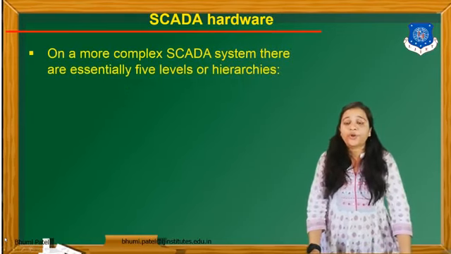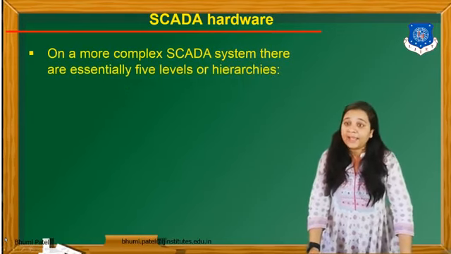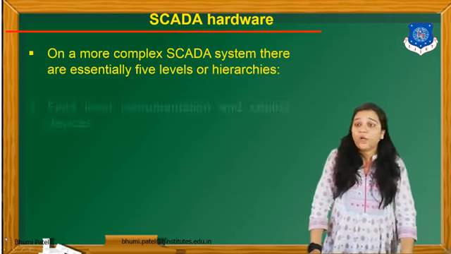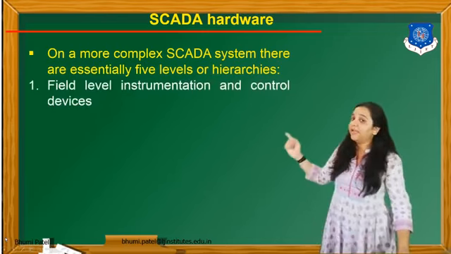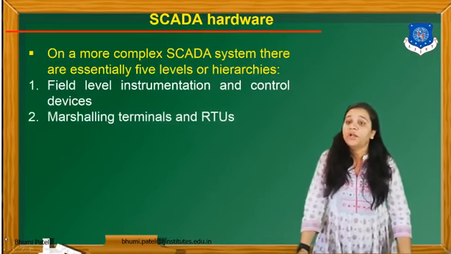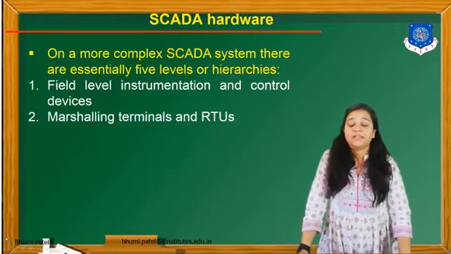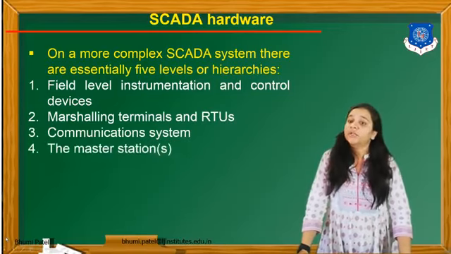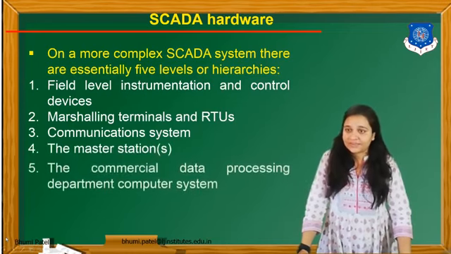So in a more complex SCADA system, there are essentially 5 levels included. The first level is field level instrumentation and the control device. The next one is the marshalling terminals and the RTUs. The third one is the communication system. The fourth one is the master station.